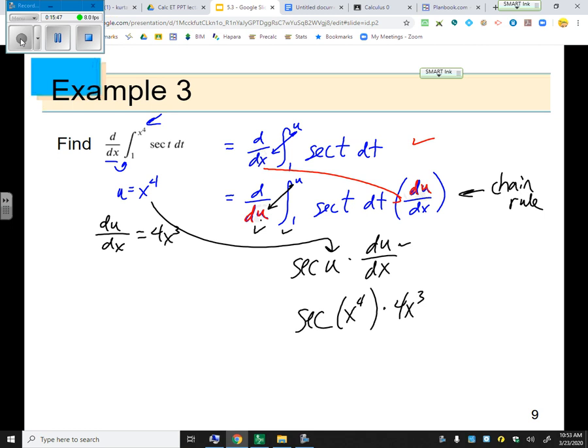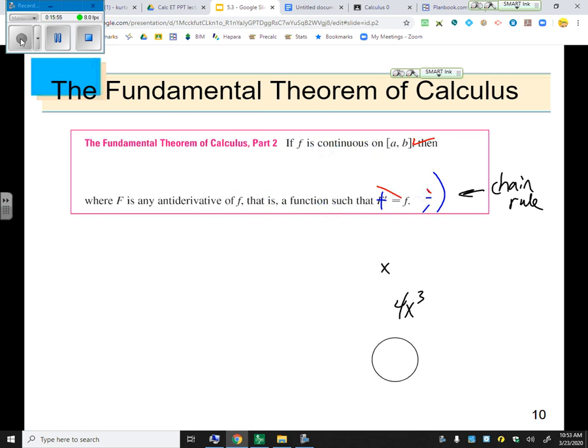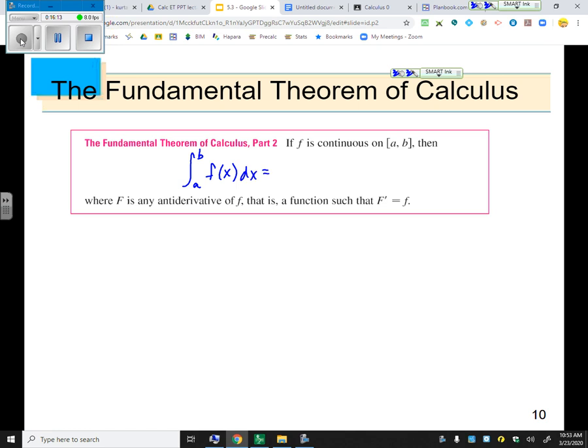Okay. Now, the more popular part of the fundamental theorem of calculus comes in part 2 right here. It says if f is a continuous function on [a, b], then this integral from a to b that we've been seeing now for a couple weeks is simply equal to capital F of b minus capital F of a, where F is an antiderivative.